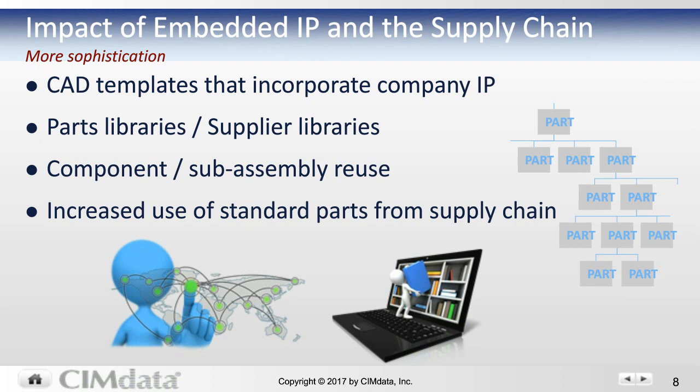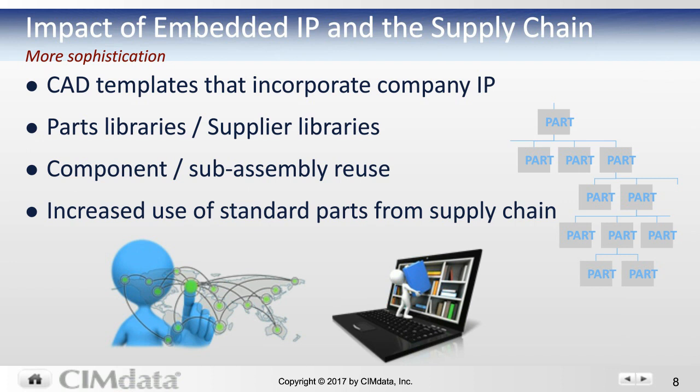These are predefined component models and subassemblies that are generated based on input parameters and the company's best practices. They are then inserted into the current product designs and contribute to the growth of the overall assembly structure. The more predefined component models, the bigger the assembly structure.